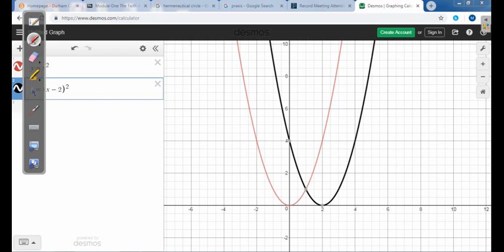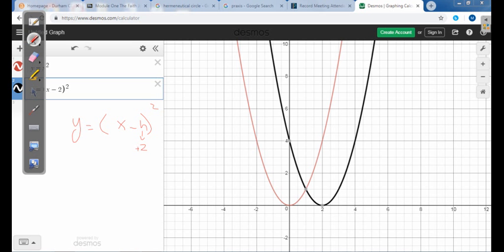Can I ask you a question? What was my formula? X minus h. So in order for me to get a negative 2 here, what would my h value be? H is 2, technically a positive 2, because the formula is (x minus h) squared.